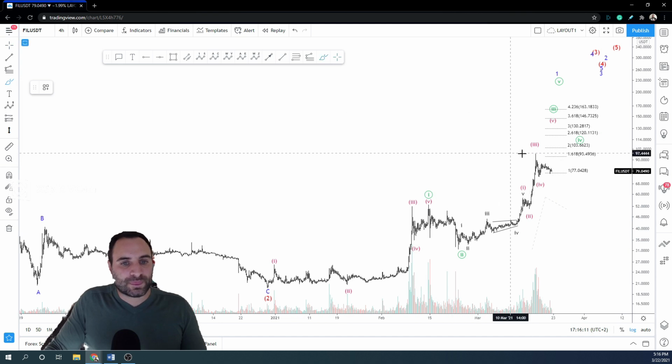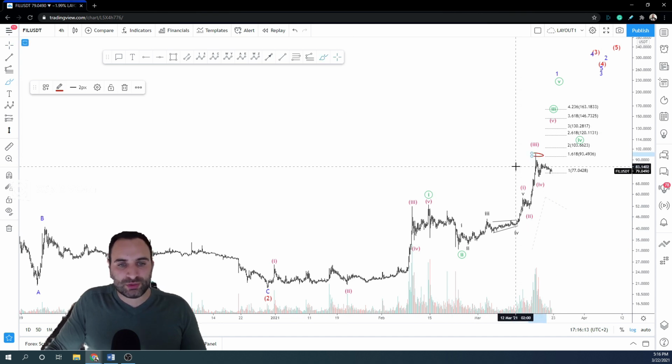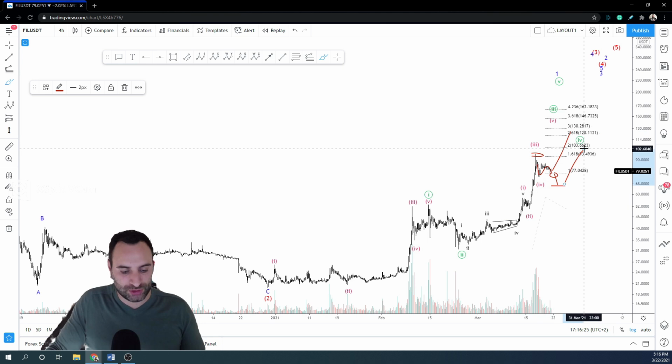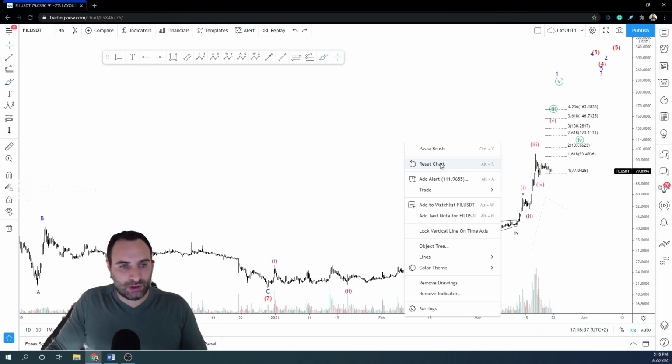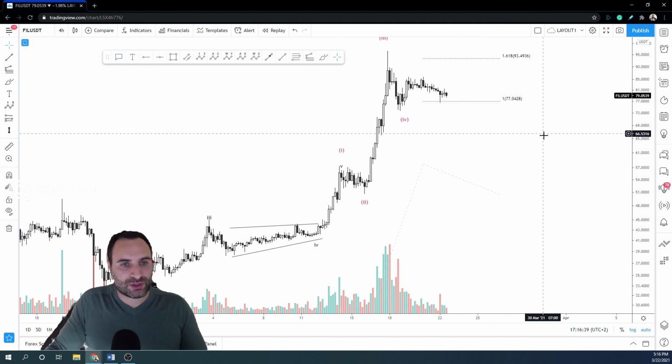So wave three, guys, did the 161 Fibonacci extension. Okay, and now we have started correcting lower. And now we are in a position where prices can either continue higher or go lower for a fresh low and then continue higher. Now, what I want to do is go a little bit closer, reset the chart, and see what's going on over here.